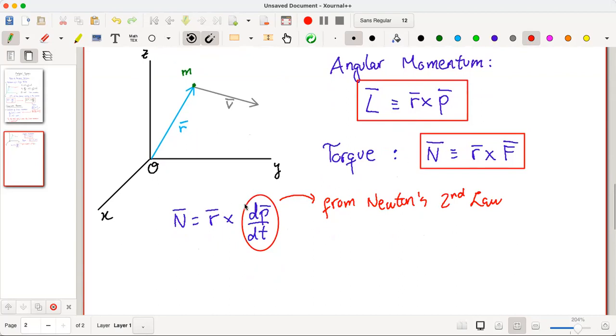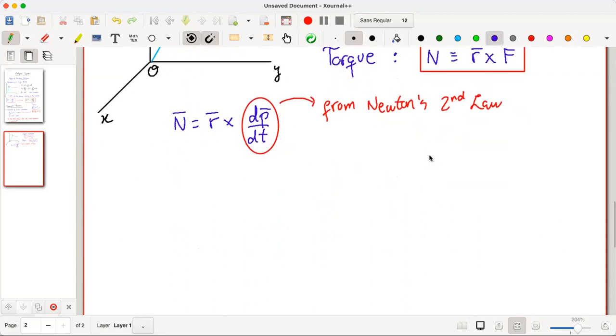Now we can write this down. This is something cross product with something else, and from your mathematical methods in physics course, we know that we can use the Leibniz rule.